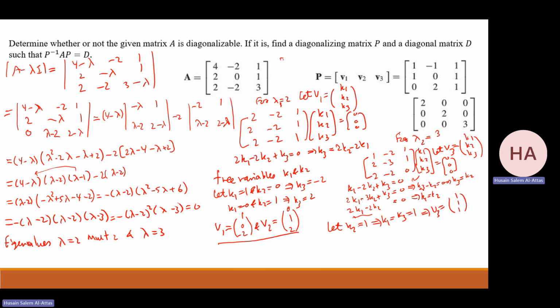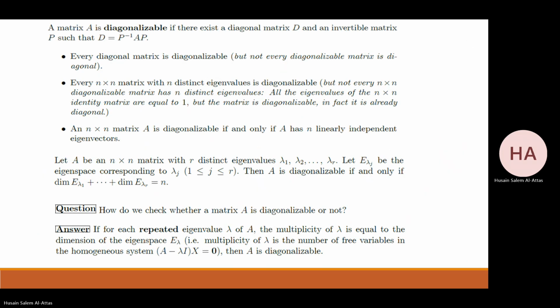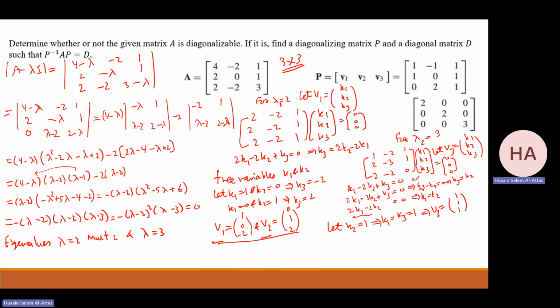The matrix is 3 by 3. How many eigenvectors do I have? I have 1, 2, 3. So A is diagonalizable. And what is D? What is lambda 1? Lambda 1 is 2, but repeated.